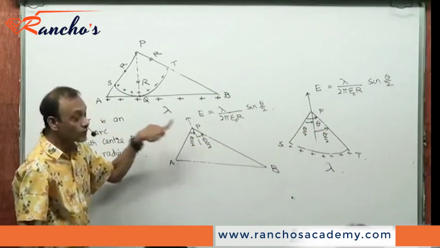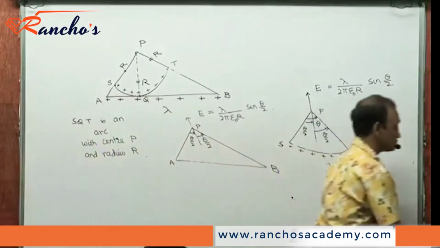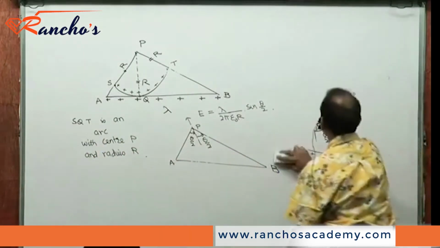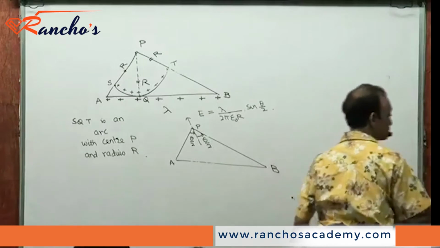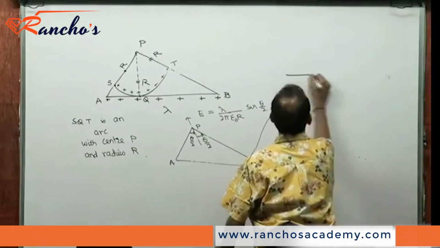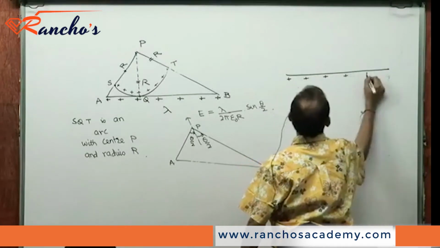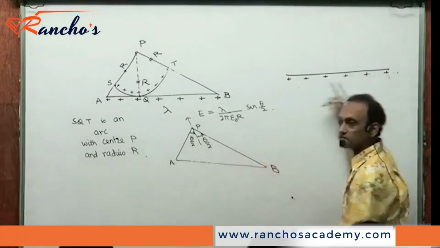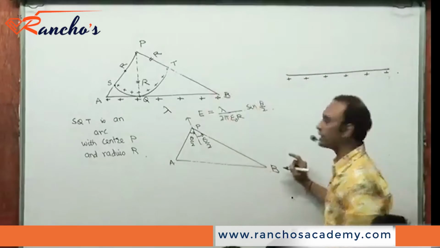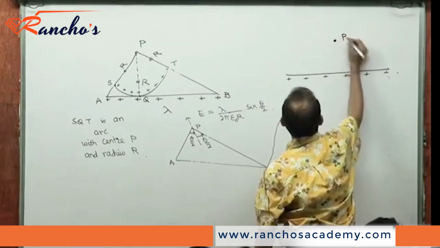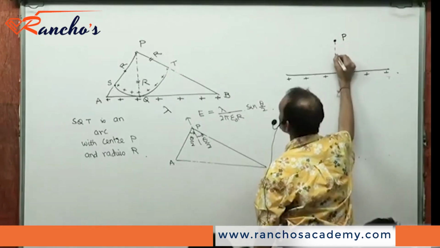Now say, for example, there is an infinite line of charge, and there is a point P at a distance r.